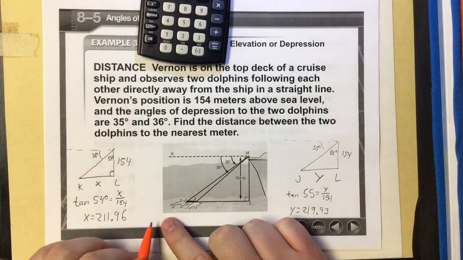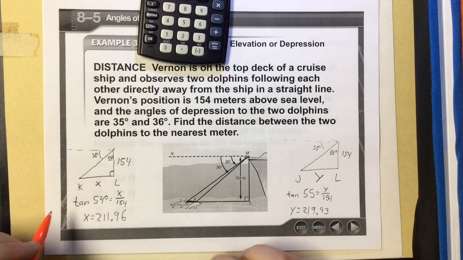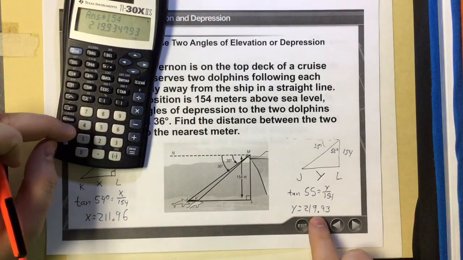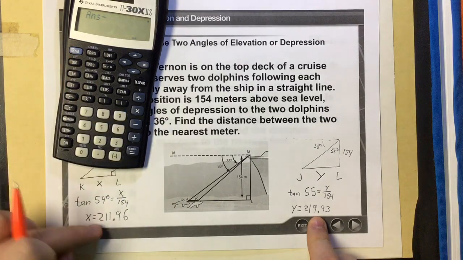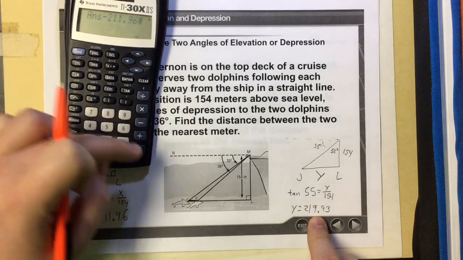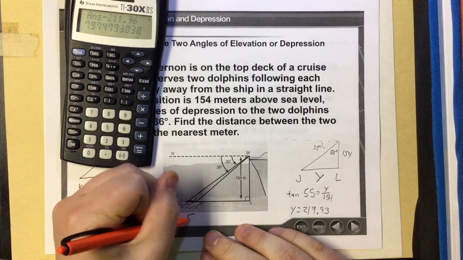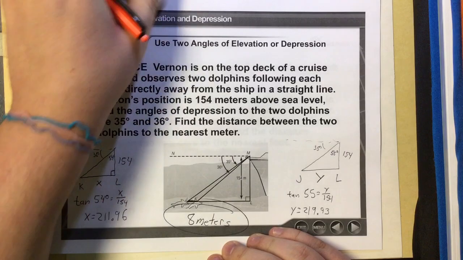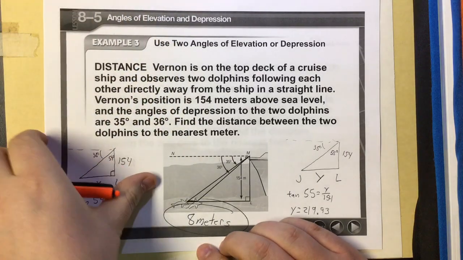Now, it only wants the distance between them, so we subtract them and round off to the nearest meter. So 219.93 minus 211.96, round off, so about 8 meters. Real close to 8 meters between them.